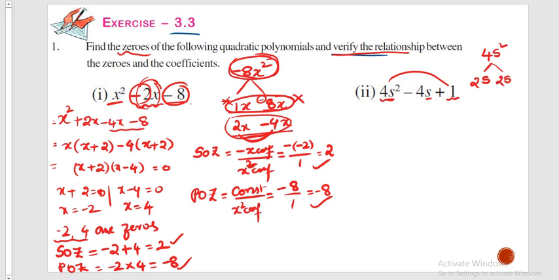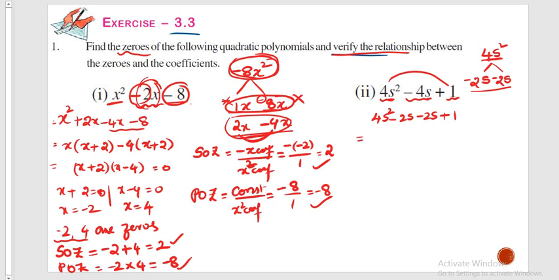So then the only possibility that we have is 2 and 2, right? But here what is the middle term? It is in negative form, right? But here what I need is positive. So when I multiply both negatives, then I will get positive, no? So that means this middle term I can split as minus 2s and minus 2s. So I can write this as 4s square minus 2s minus 2s plus 1.